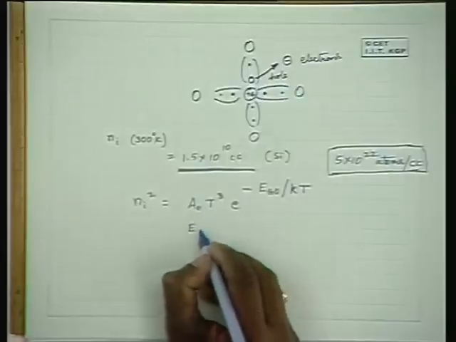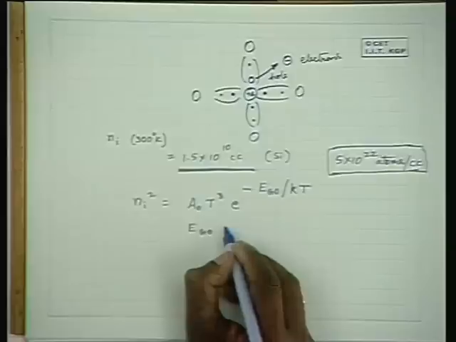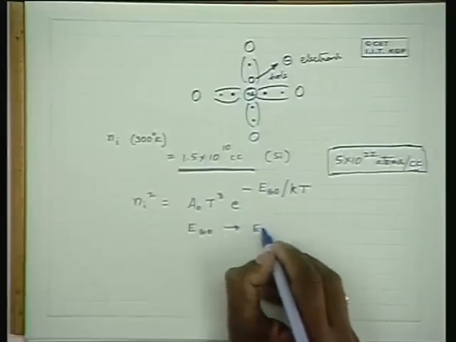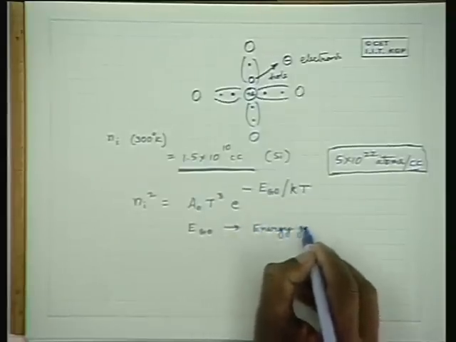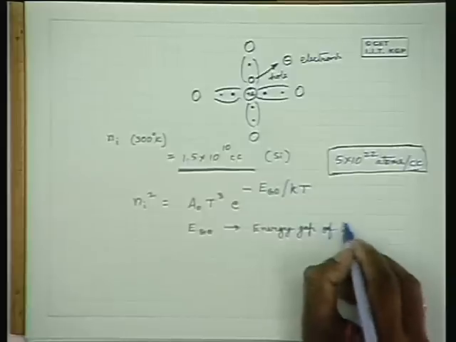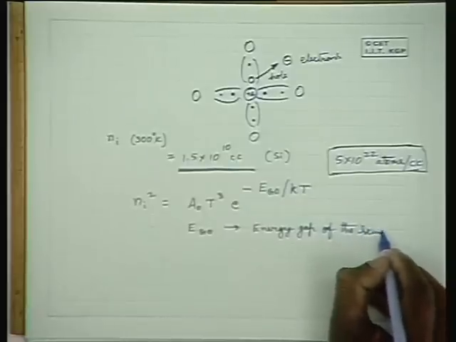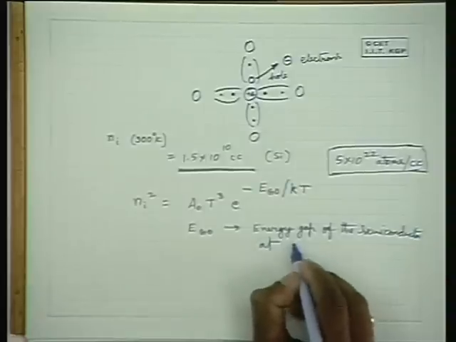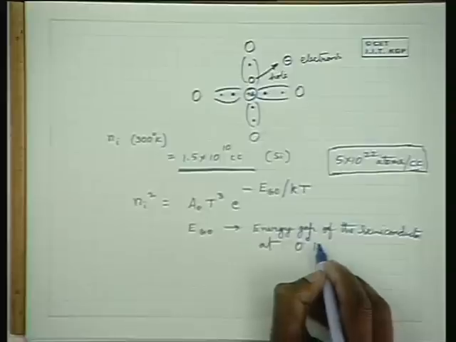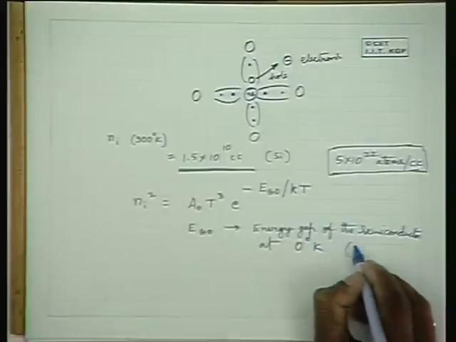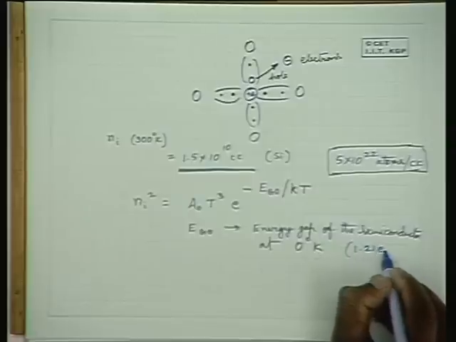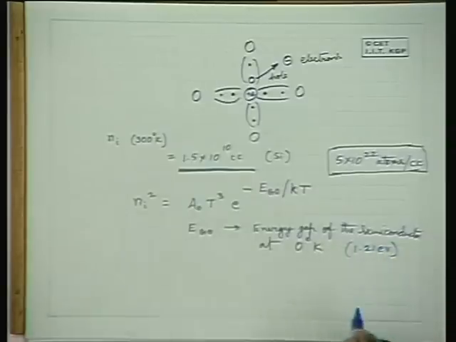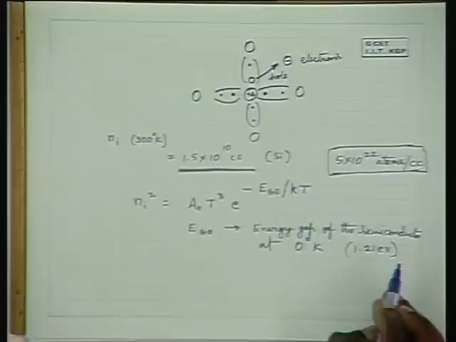Here, as I mentioned, Eg0 is the energy gap of the semiconductor at 0 degrees Kelvin. For instance, in the case of silicon, it is 1.21 electron volts. In the case of germanium, it is less, of the order of 0.78 electron volts.